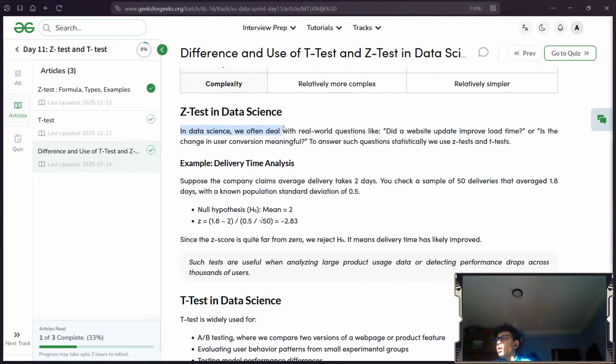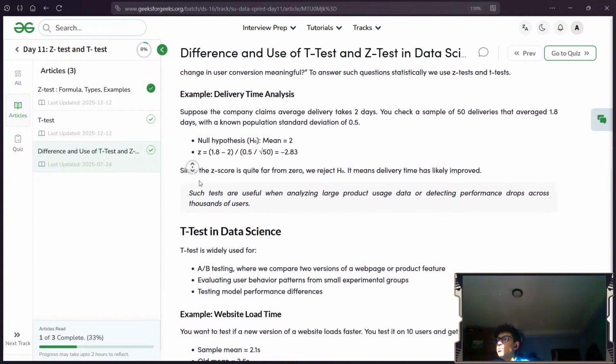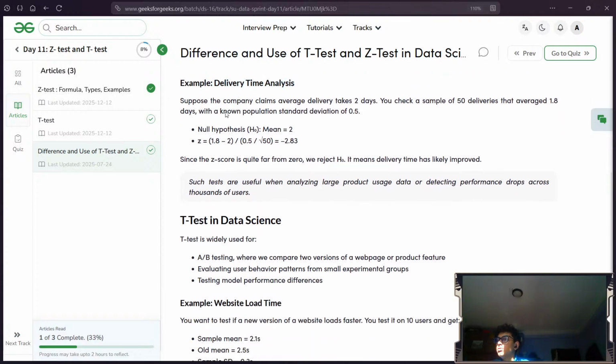In data science, we often deal with real world questions like: did a website update improve load time, or is the change in user conversion meaningful? To answer such questions statistically, we use the z-test and t-test. Example, delivery time analysis. Suppose the company claims average delivery takes 2 days. We check a sample of 50 deliveries that average 1.8 days, with a known population standard deviation of 0.5.